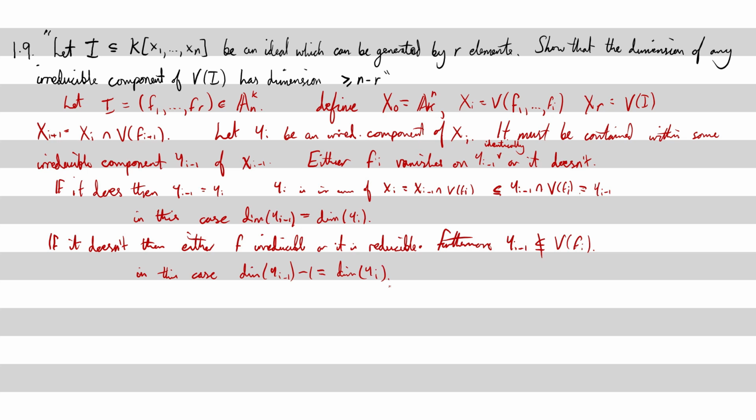Now, we should assume that fi is reducible. The polynomial ring over a field, I believe it only has to be a field, but definitely over an algebraically closed field, is a unique factorization domain, so we can factor this uniquely into irreducibles, multiplied by a unit, but let's just pull those units in.